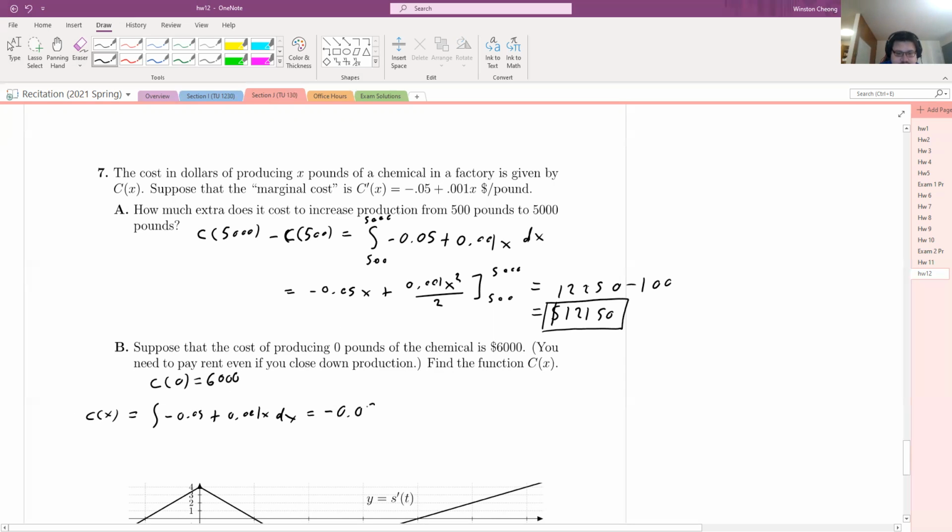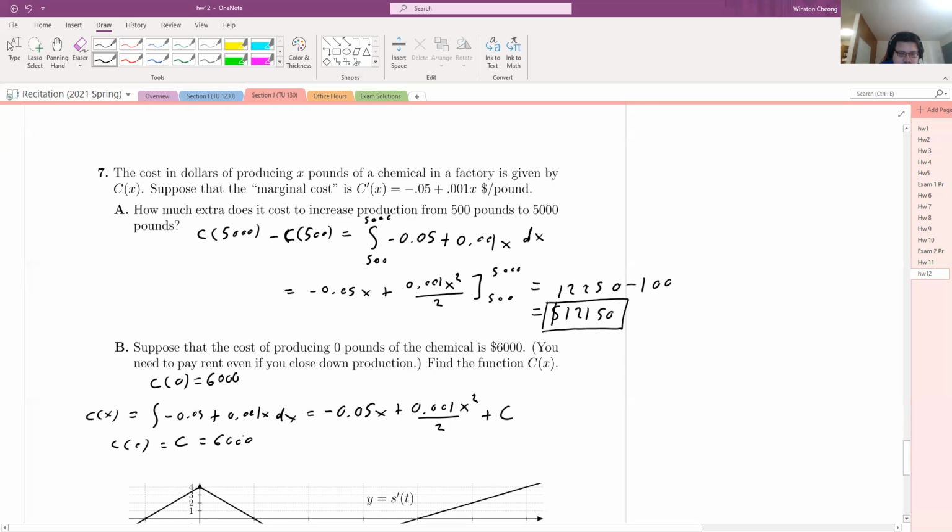But in this case, it turns out very easily because we're plugging in x equal to 0, so only the constant will show up when we plug in. So here we have the general antiderivative. And when we plug in C of 0, both of these terms disappear. We only have C, capital C. Unfortunately, it's the same as our function name.